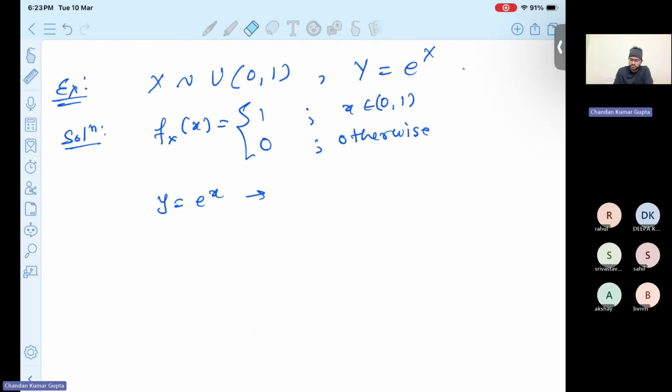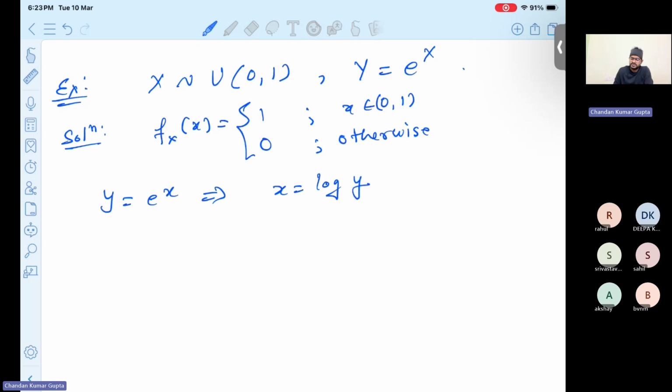Before solving this, let me write the range of y as well. y equals e to the power x, this is our transformed equation. So this implies x equals log of y.